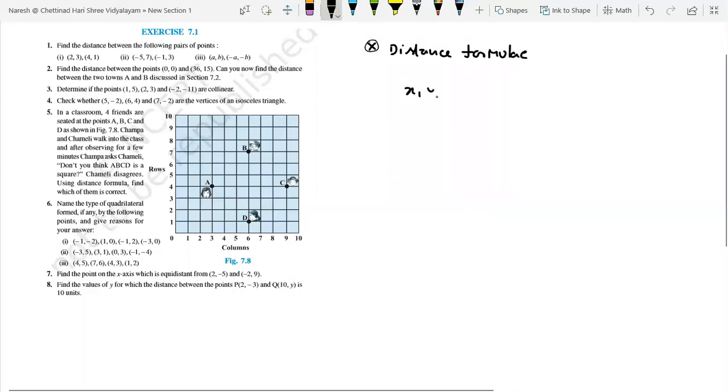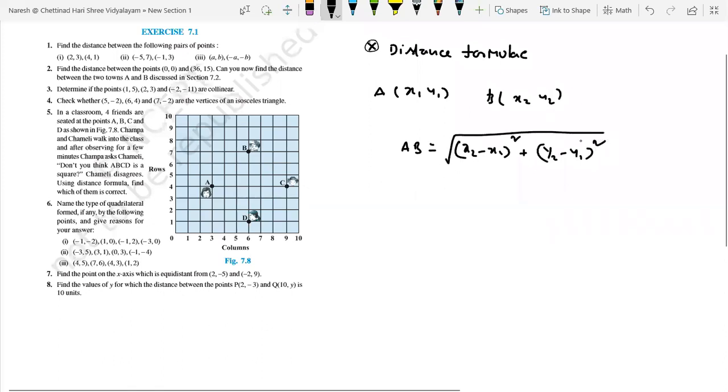The distance between A (x1, y1) and B (x2, y2): how to calculate the distance? We already went through the proof. It is root of x2 minus x1 whole square plus y2 minus y1 whole square. If I take the first question, the given points are (2, 3) and (4, 1). This is x1, y1 and this is x2, y2.